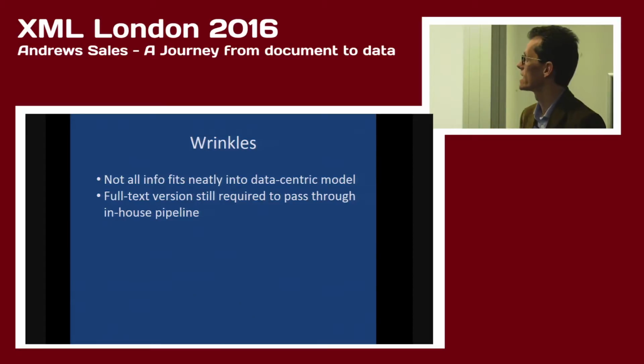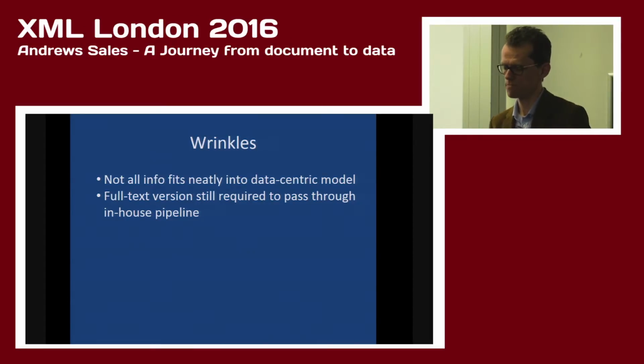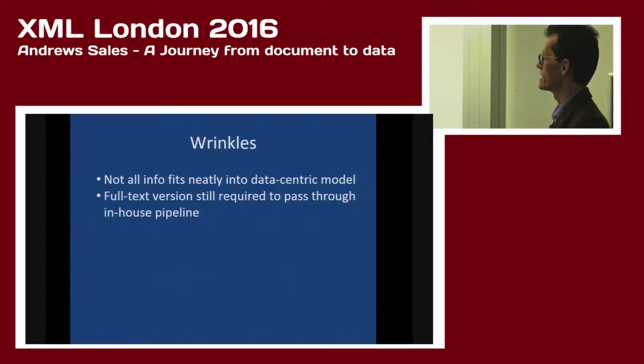So there's other bits besides the stuff that you'd want to compare. And I mentioned before that the old pipeline still had to be serviced, so there was that. So any revised format would have to be based closely on the legacy XML format.